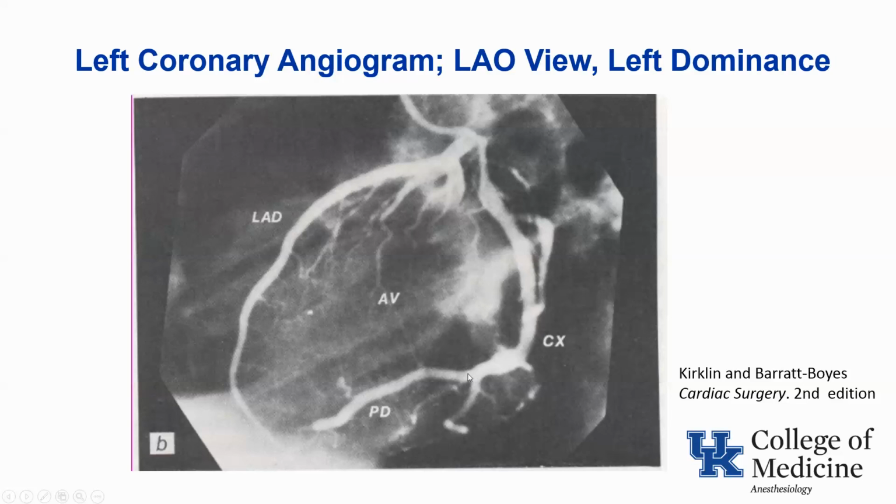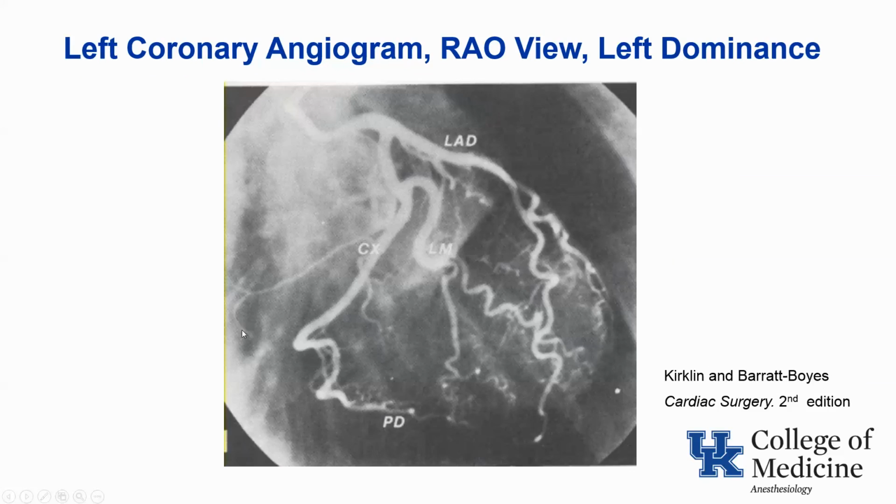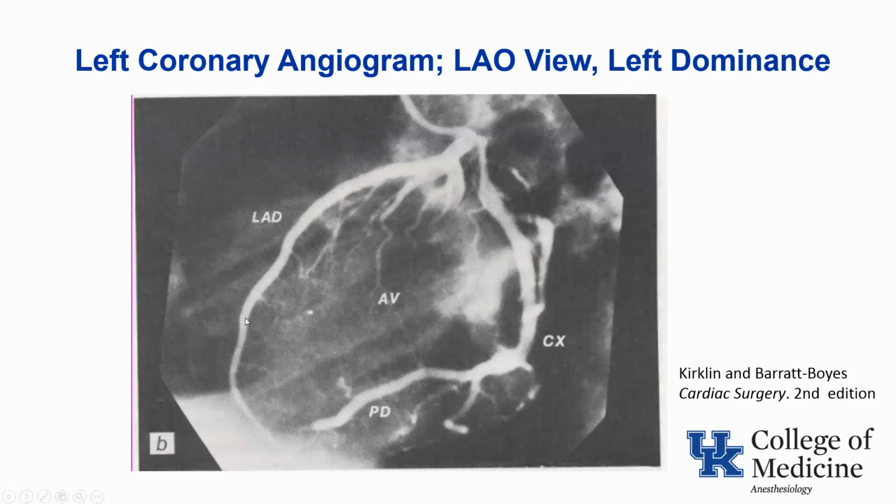And in this case, this is left dominance, and so the circumflex is supplying the PDA running in the posterior interventricular groove. The LAD you see coming off and going in the anterior interventricular groove. You also see some septal branches coming off of the LAD and some diagonal branches.